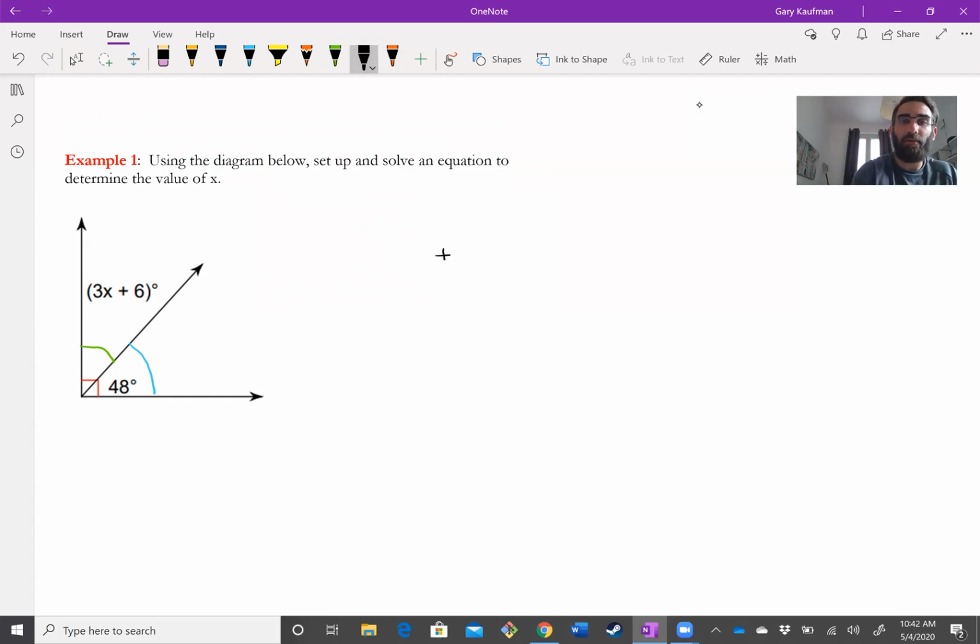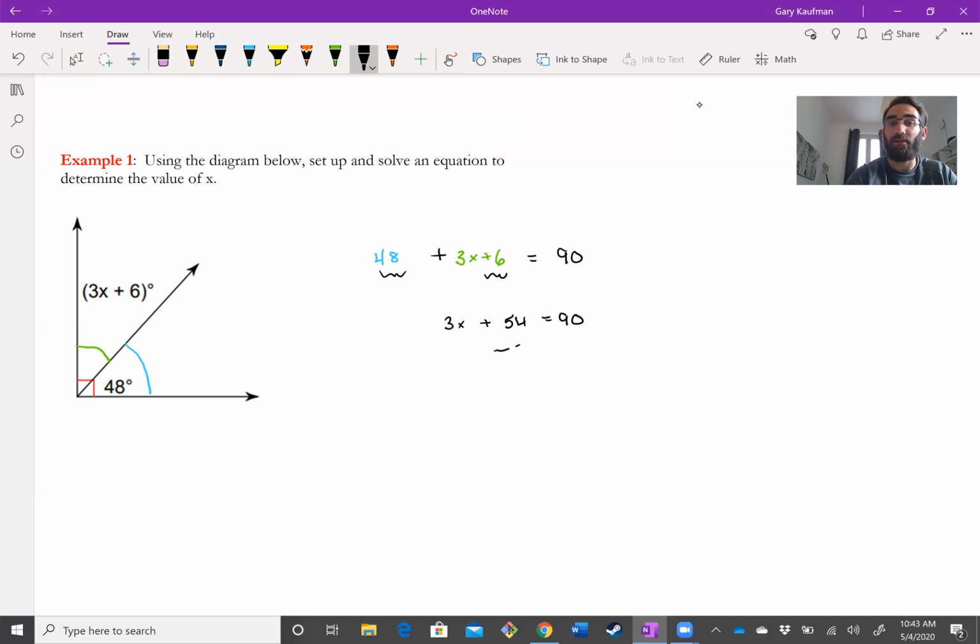So 48 and 3x plus 6 add up to 90. I can combine these like terms and get that 3x plus 54 equals 90. And this is why I was doing algebra earlier. I can now solve and say that this ends up being 36 divided by 3, x equals 12.